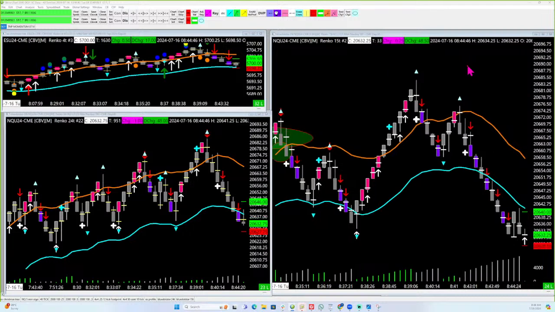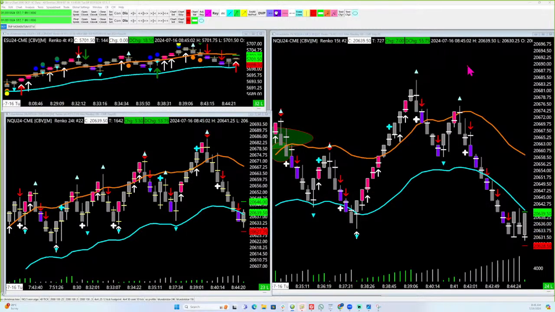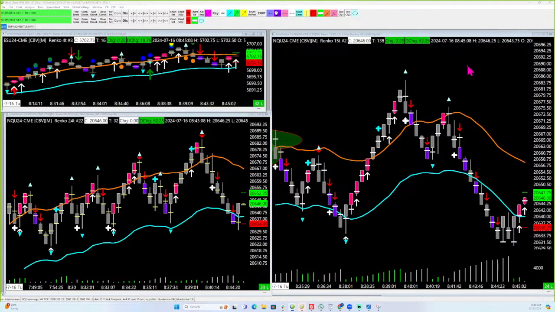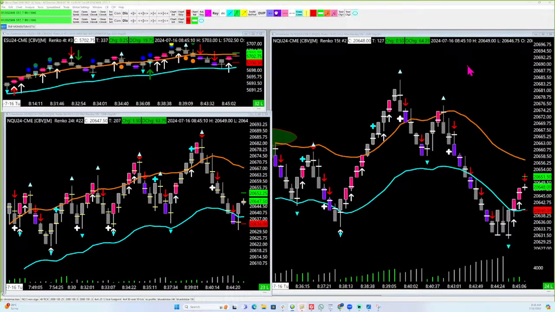The moves are awesome. And I know I'll miss trades because that plus sign doesn't show up. I'm all right with that.